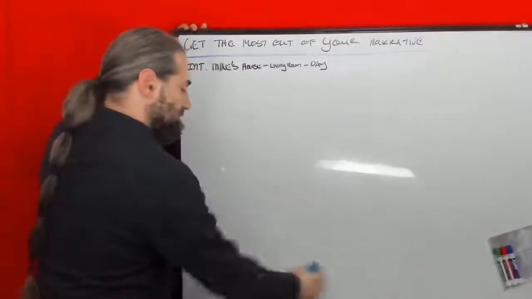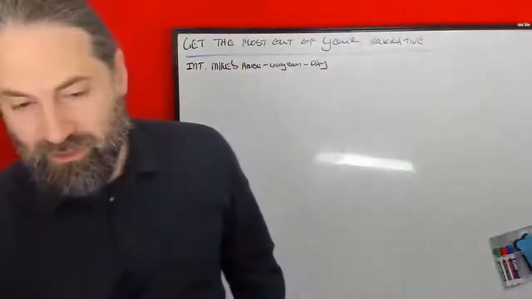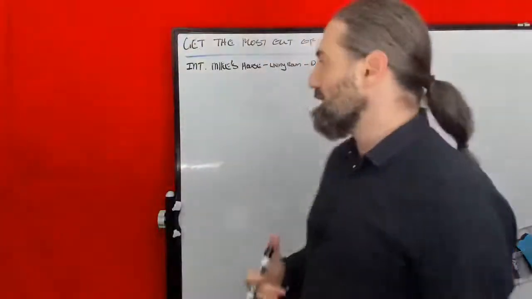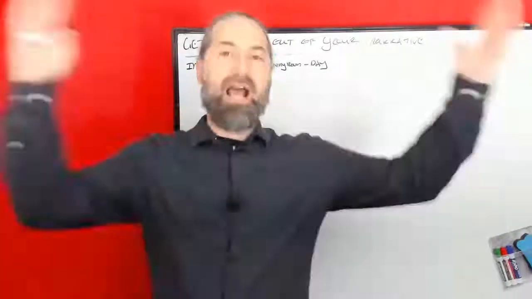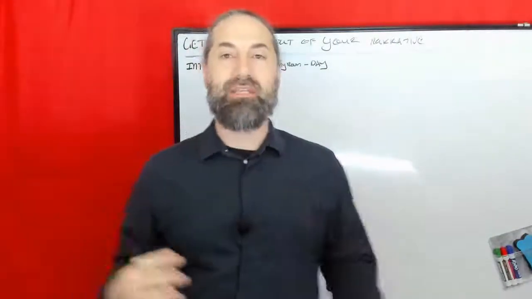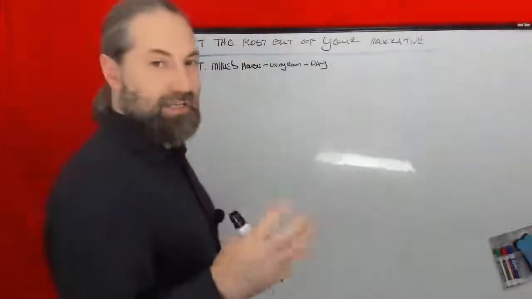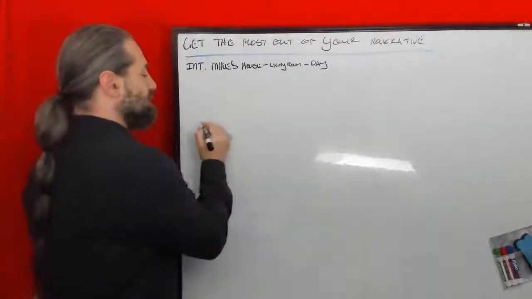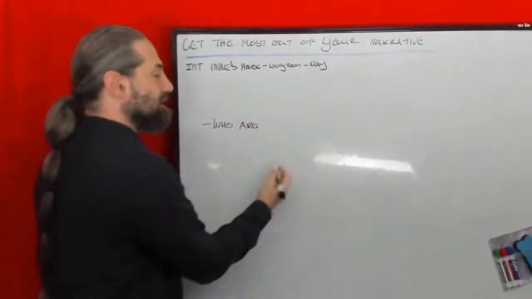So what does that mean? It means that when you're telling a story or a scene, because even in a novel, you have scenes, you want to make sure, no matter how long the scene is, or the moment, you want to hit that beat. So let's say we're trying to establish the ordinary world. In the ordinary world, a couple things we want to hit is, who are they?